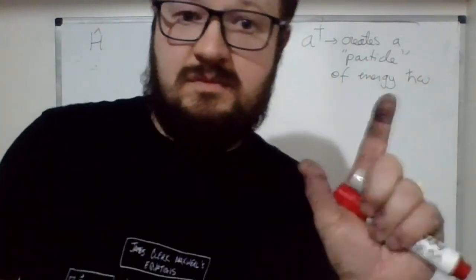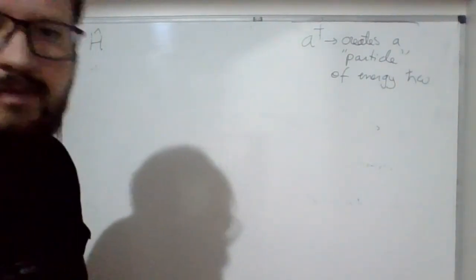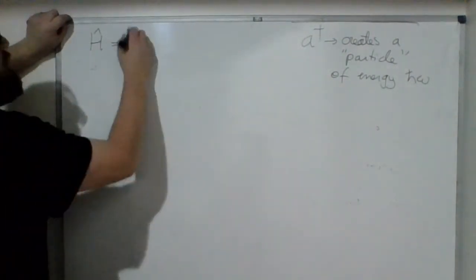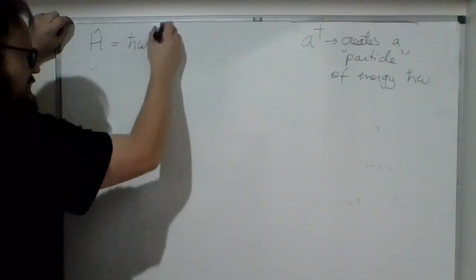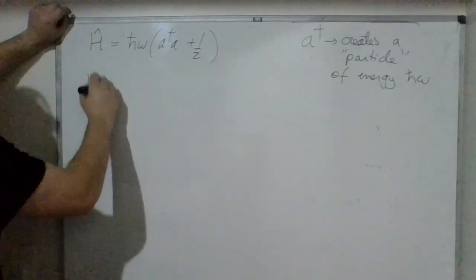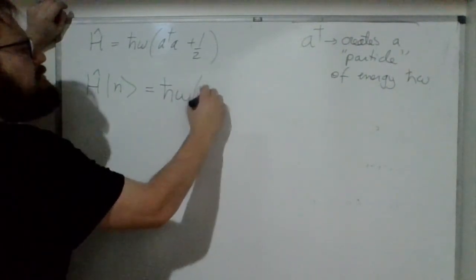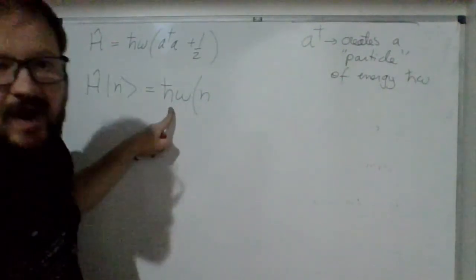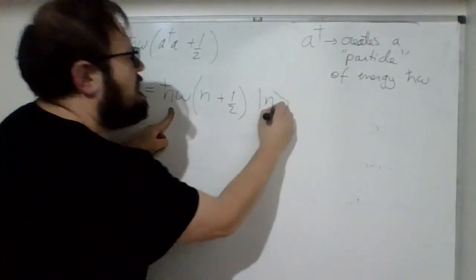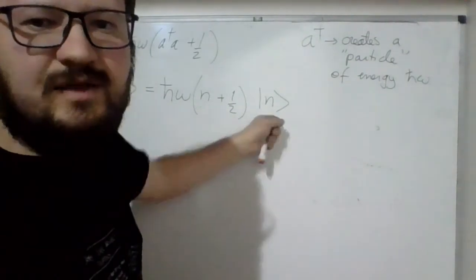It's a quantum of energy. So a particle, in that sense, is created by that operator. And the Hamiltonian, which has, in this case, this form, when applied to an n state, corresponds to n particles of energy h bar omega plus 1/2. All right? And this 1/2 is the vacuum state, n equals 0.